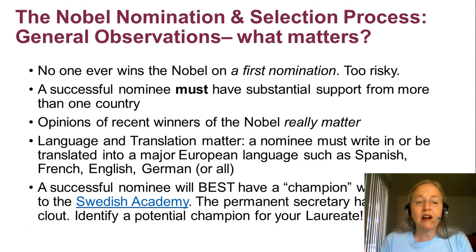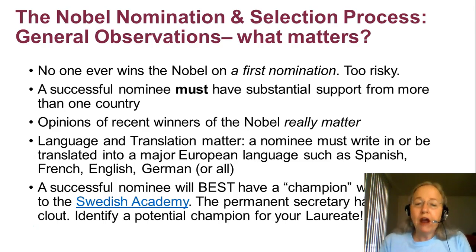And you can see here that I've linked that term Swedish Academy, so you can look up who those members are and see what their specialties are. And that'll give you an idea of who, for example, has an interest in French literature, who has expertise in China, and so forth. So there must be support from more than one country. And the opinions of recent winners of the Nobel really matter. What matters even more is language and translation.